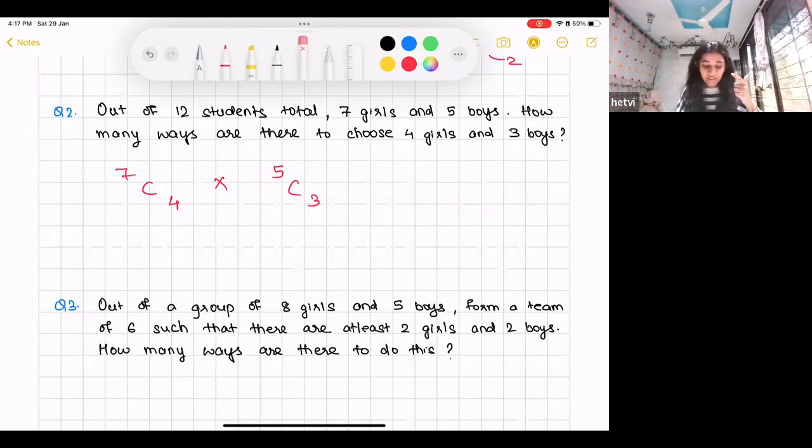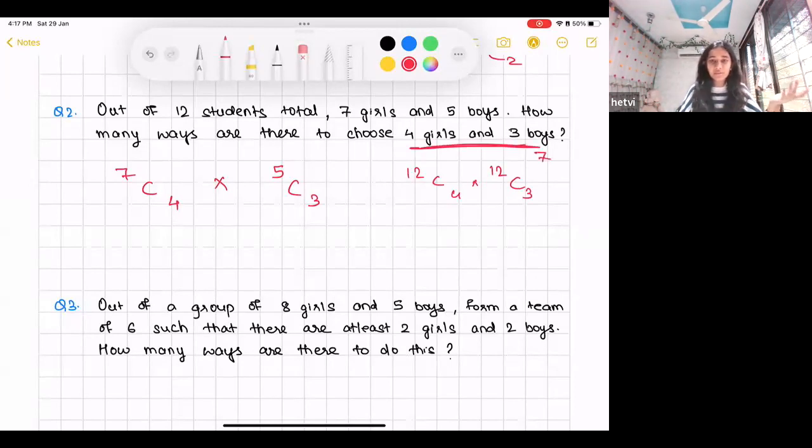Also, someone else wrote 12C4 into 12C3. If the question had been that out of 12 students we want to make a group of 7, 4 girls and 3 boys, total 7, then 12C7 would have been the correct answer. But over here we have specific criteria that out of the 7 girls, we want 4. So out of those 7 only, we want 4. Out of all the 12, we don't want 4.